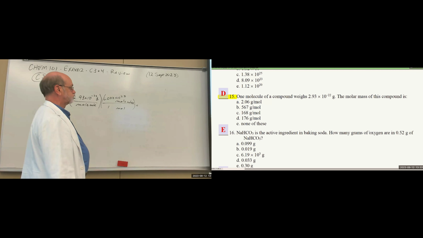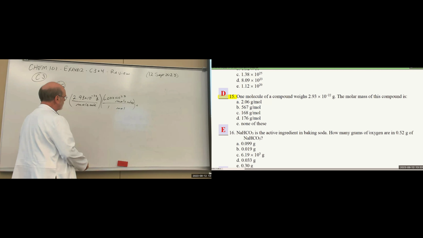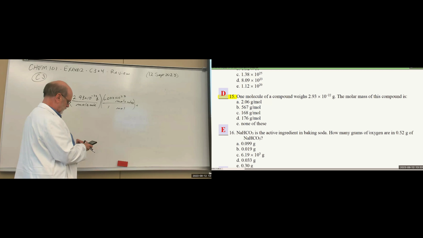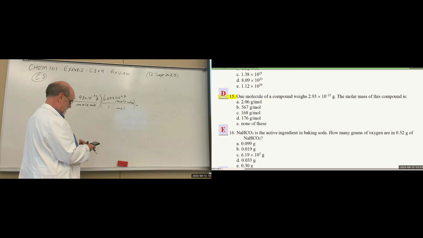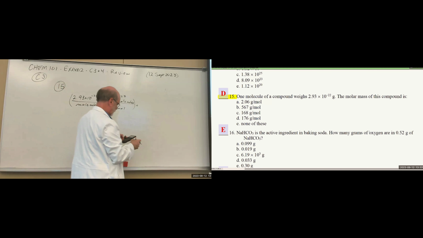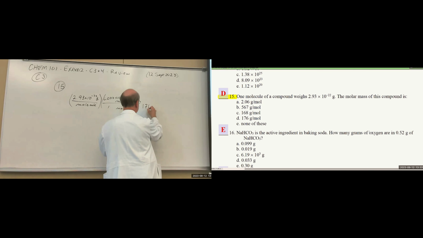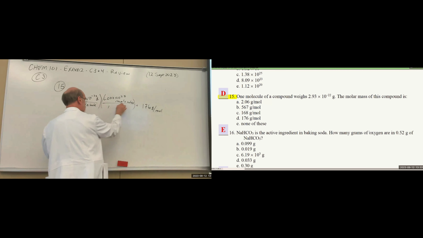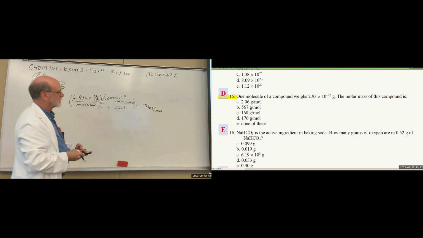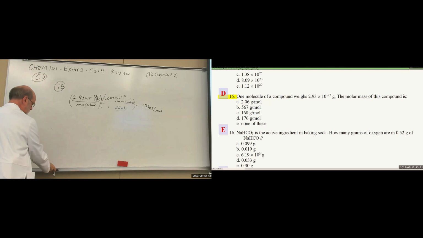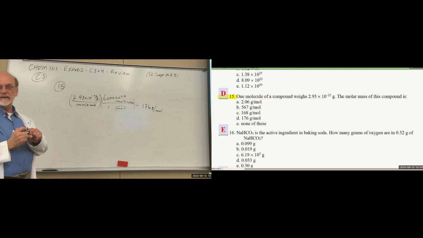And you get, I better do that. 6.022 times 10 to the 23rd. 3 significant figures, 176 grams per mole, with molecules canceled. Leaves us with grams per mole. That's D. Okay.